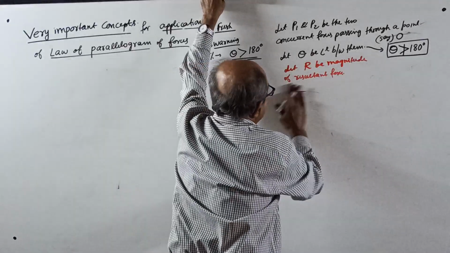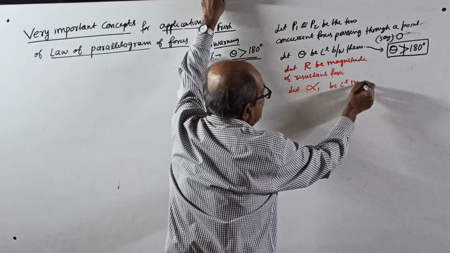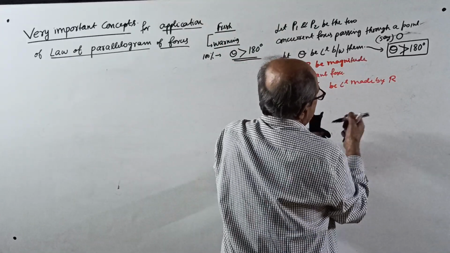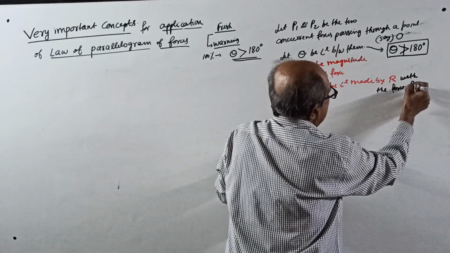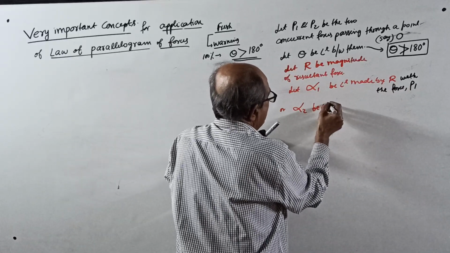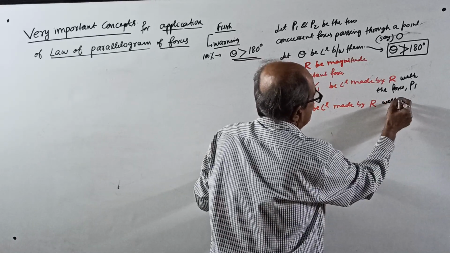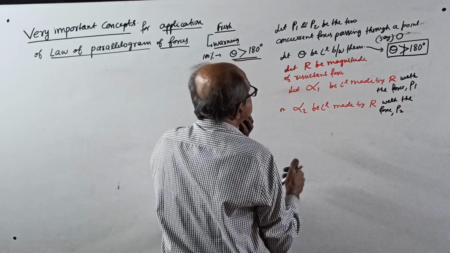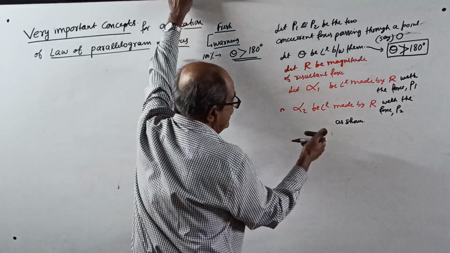Let alpha 1 be the angle made by the resultant R with the force P1, or alpha 2 be the angle made by the resultant R with the force P2, as shown. Now, a little later I will tell you.